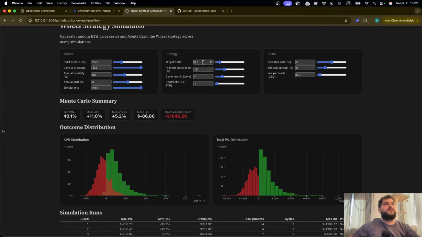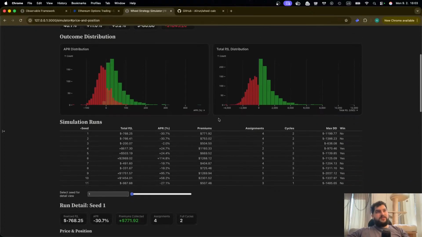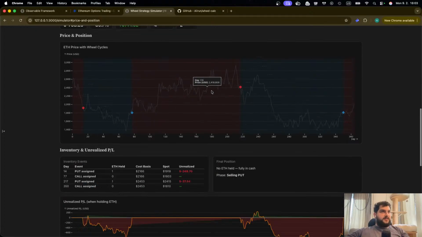I just dropped the target delta to quite a low value, and the win rate is still 40%, less than 50%. So in the long run, this strategy is bad. We did not improve it anyhow yet. We just changed how we calculate the premiums and so on. We just changed the environment it's running in, but we have a much better instrument now to simulate and analyze.